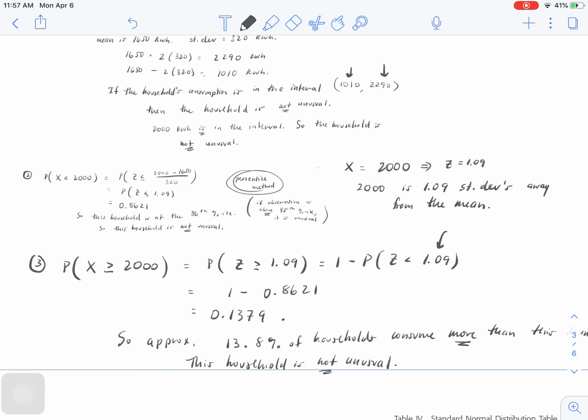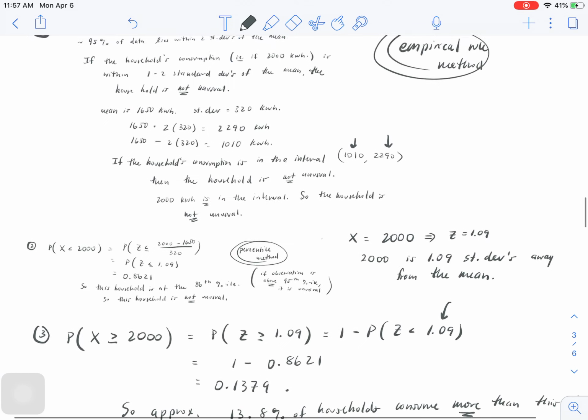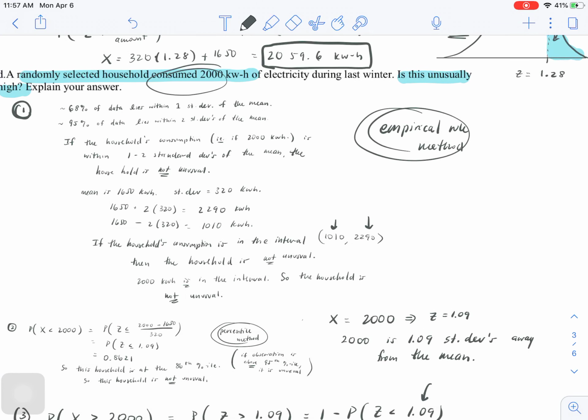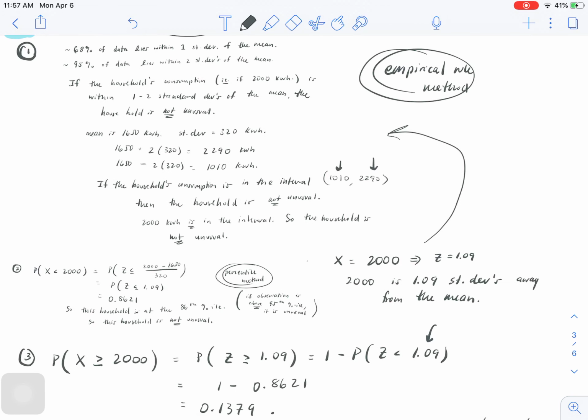So the z-score tells us exactly how many standard deviations away from the mean our observation is. That provides some context to the first method. Our observation is exactly 1.09 standard deviations away from the mean, which is less than 2 standard deviations. Remember that if a household is within 2 standard deviations of the average, they're not unusual.